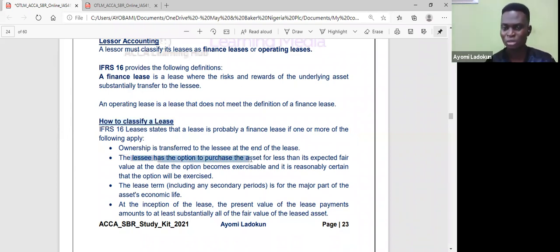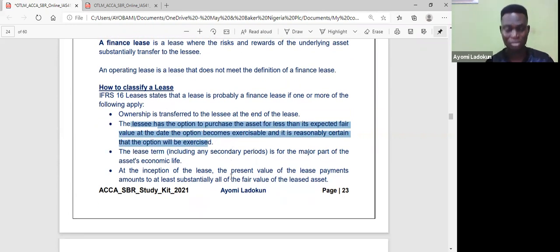The lessee has the option to purchase the asset at less than its expected fair value at the date the option becomes exercisable, and it's reasonably certain that it will be exercised. You can summarize that as purchasing the asset at less than fair value. Next, the lease term is for a major part of the asset's life.